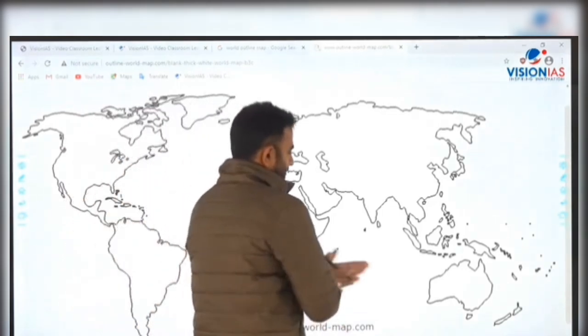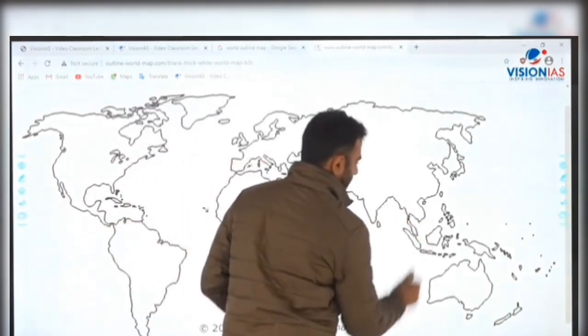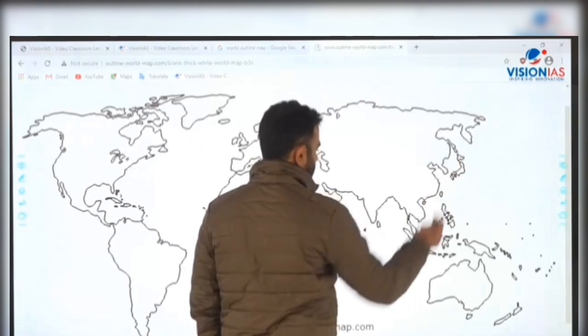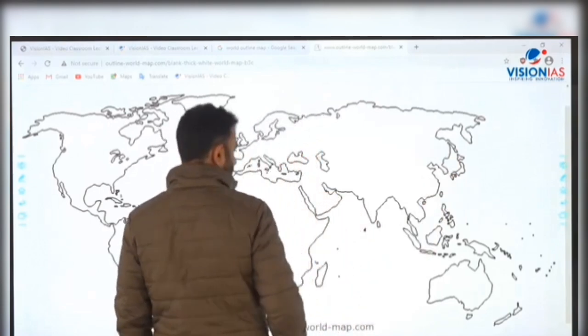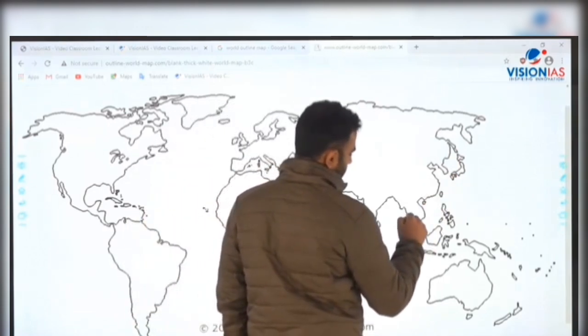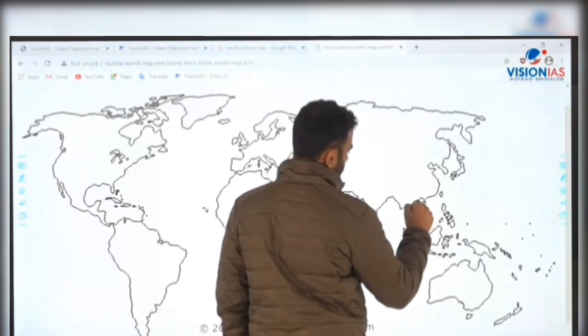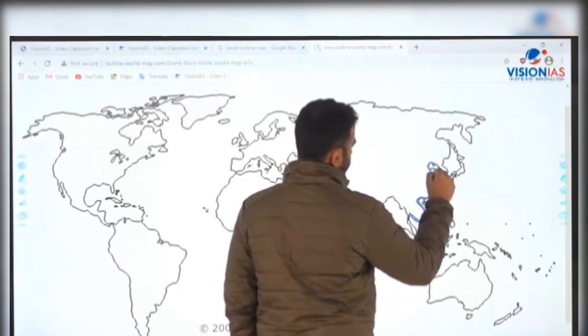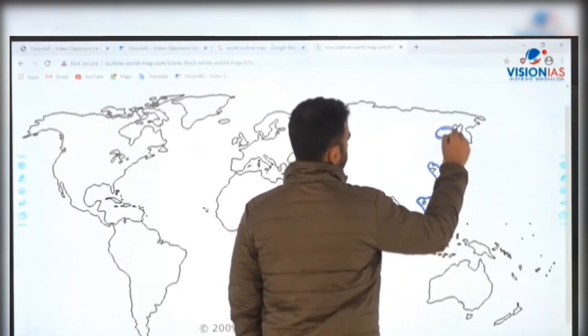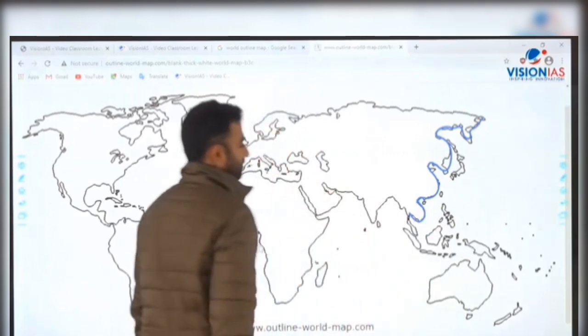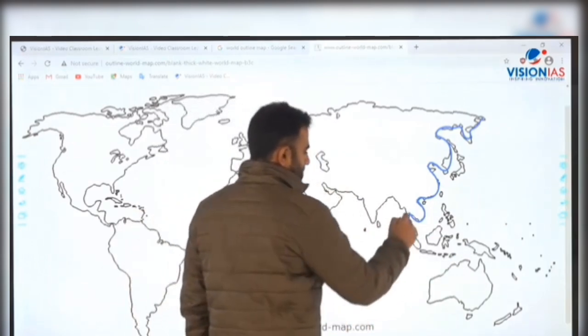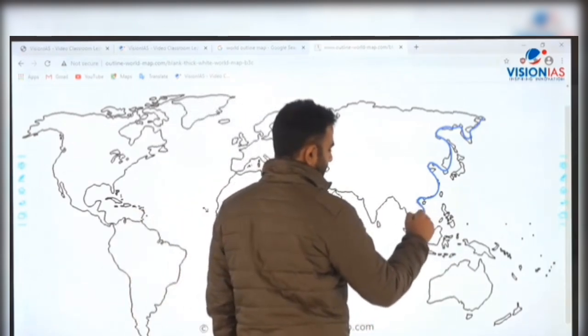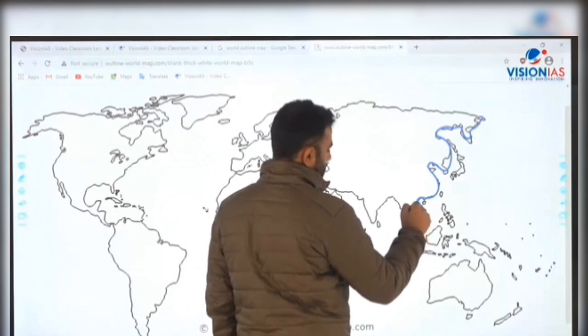Remember, this part is pretty easy to understand. After Thailand, we have 3 curves. It takes 3 different turns. 1st, 2nd, 3rd. After that it is straight. Which one is this? This is Indochina. I hope you know that. Vietnam, Cambodia, all of that comes here.